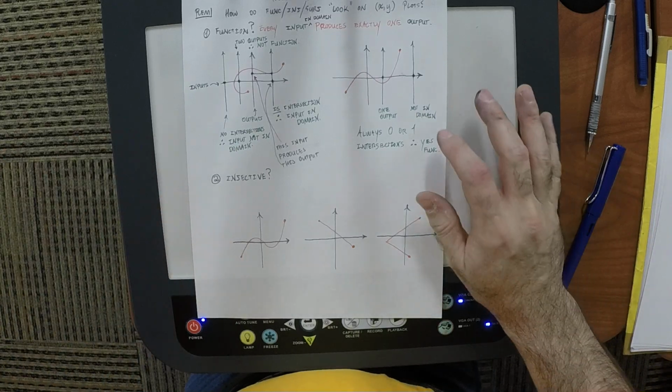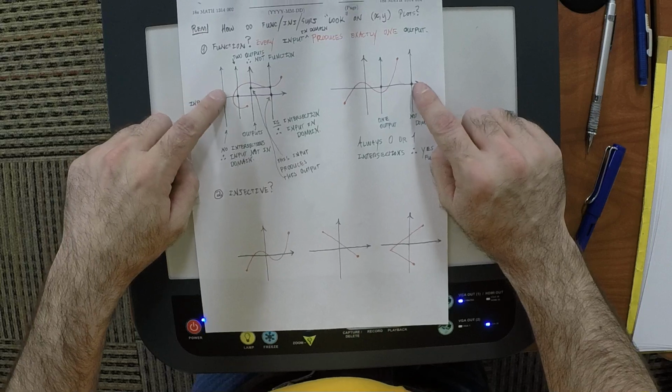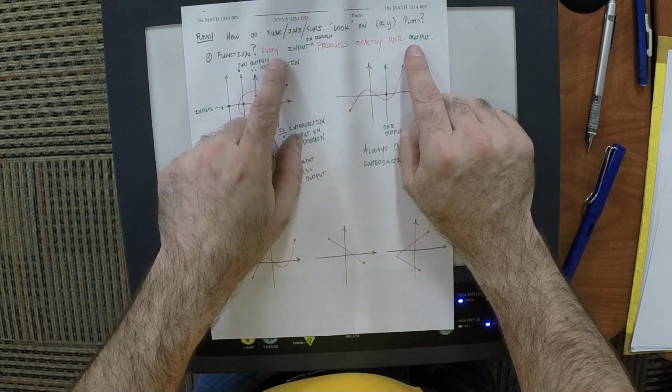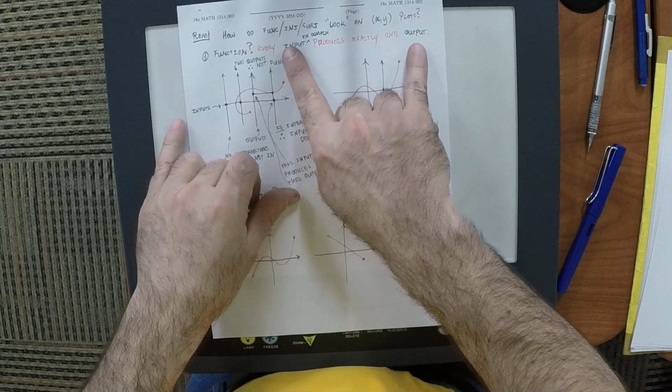So every input produces at most one output is this one. What you need to do is you take this phrase and you have to switch the positions of the key words input and output.